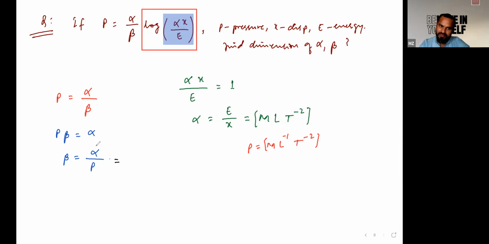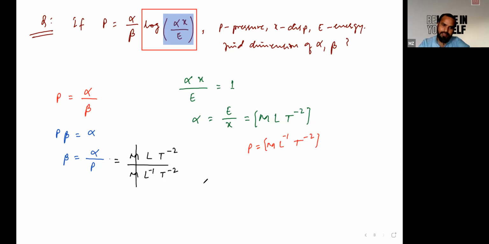Just see, here we have alpha, for which we have calculated this value. So just put it, mLt to the power minus 2. In the denominator, we have P, which is pressure. So it would be mL to the power minus 1, T to the power minus 2.